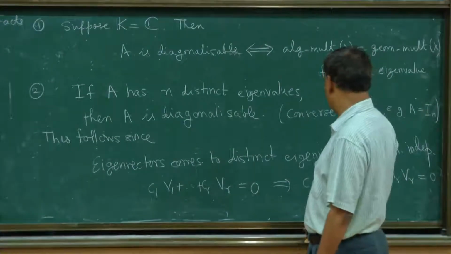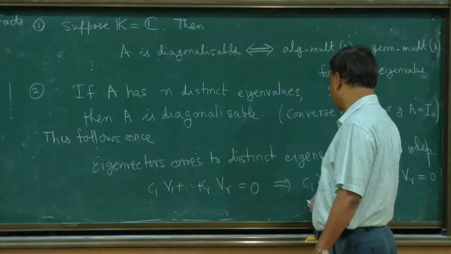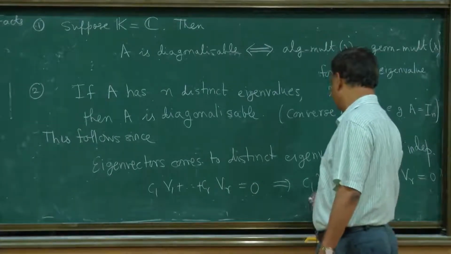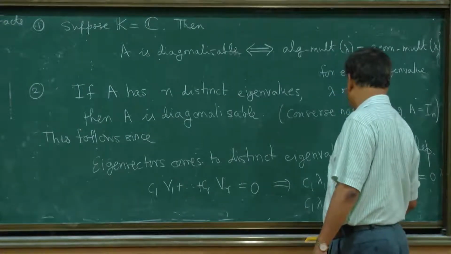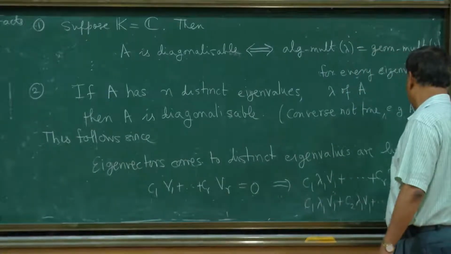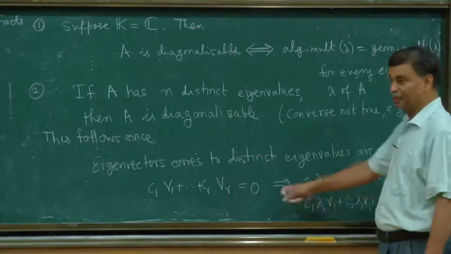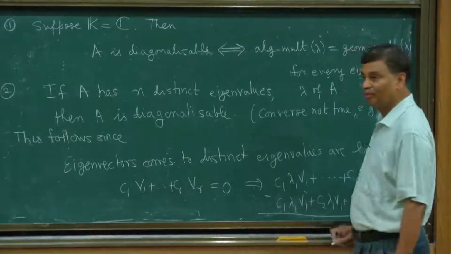Then I can multiply the whole thing by lambda 1: C1 lambda 1 V1 plus C2 lambda 1 V2 plus ... plus Cr lambda 1 Vr is 0. Then I subtract this from this.